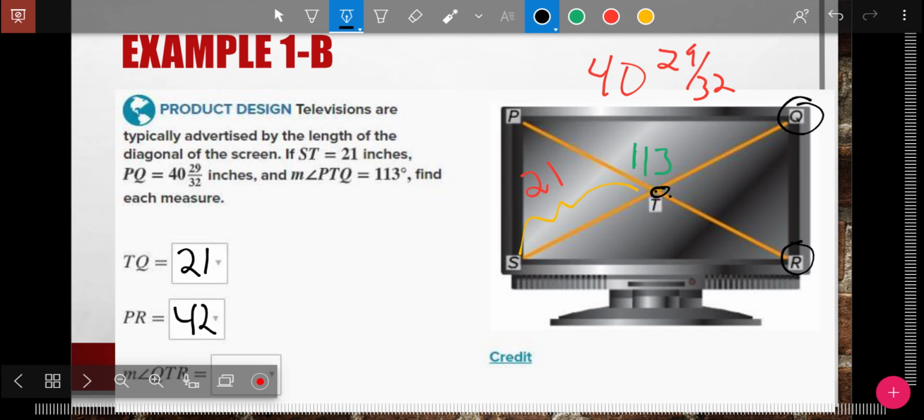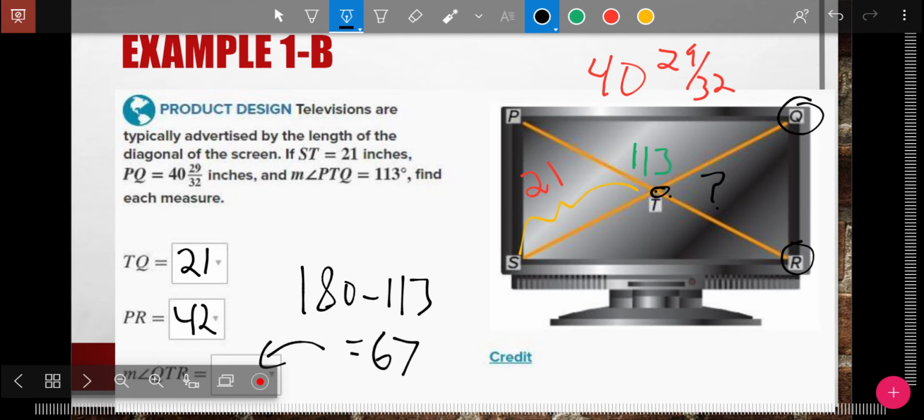QTR is this angle right here. For that one I have to realize these are a linear pair. They make a straight line. So I'm going to do 180 minus 113, and I get 67 degrees. That goes down here for angle QTR.